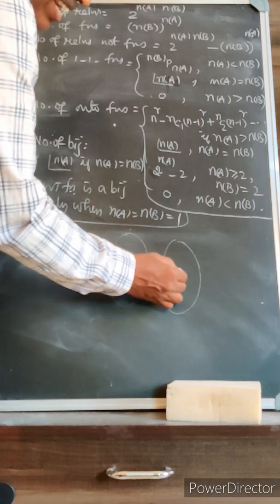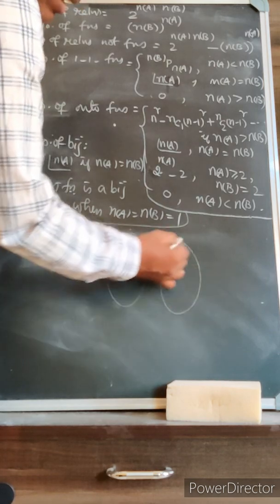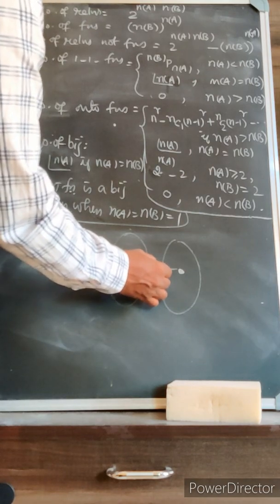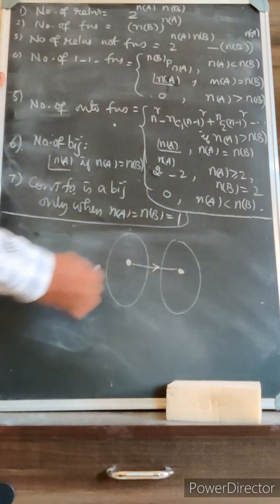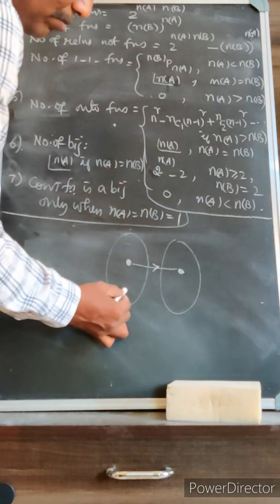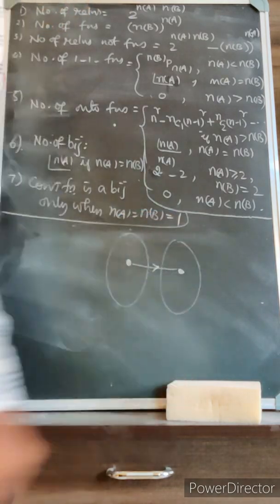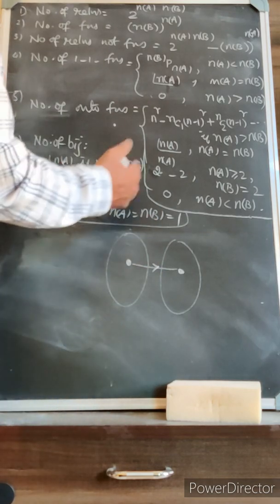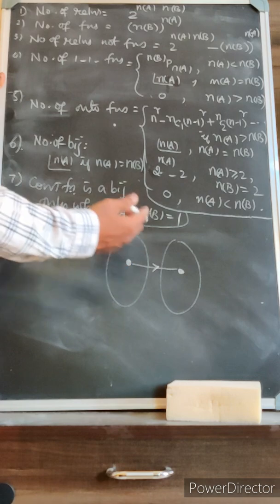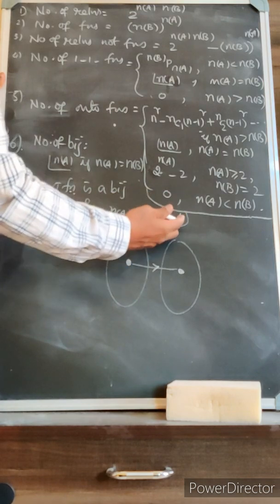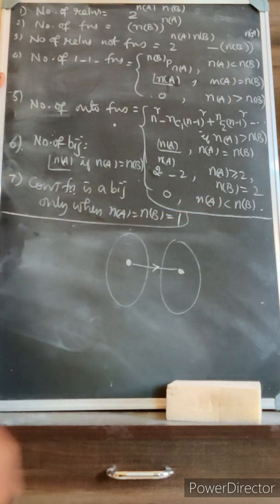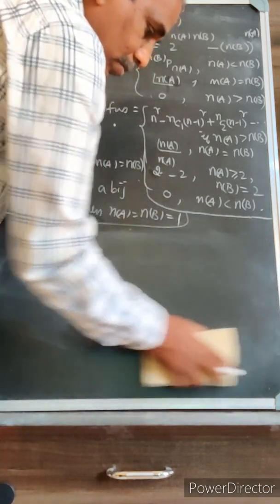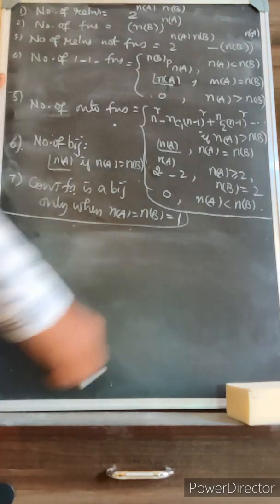Only when there is one element in the domain and one element in the codomain, a constant function will become a bijection. If there are more elements in the domain, the constant function cannot be a bijection. So remember, a constant function is a bijection only when both the domain and the codomain contain exactly one element. This is the discussion about number of functions.